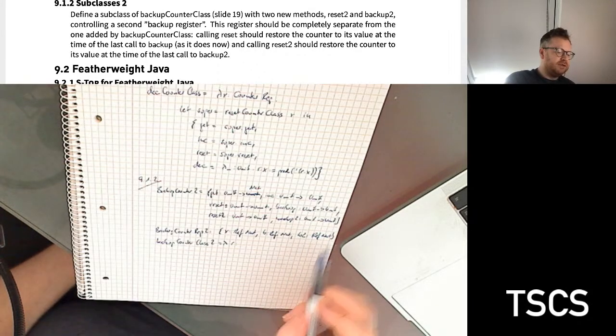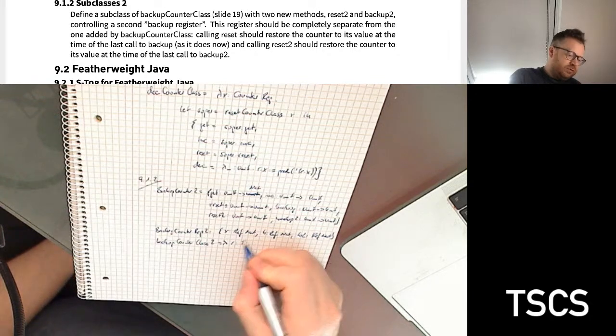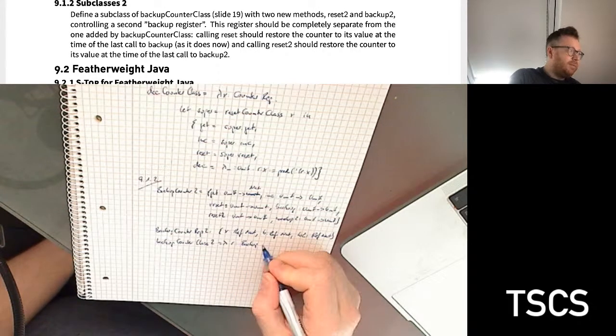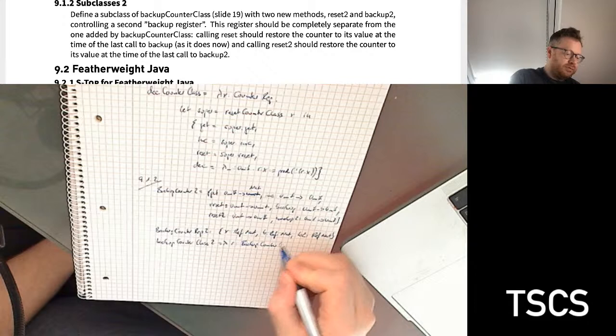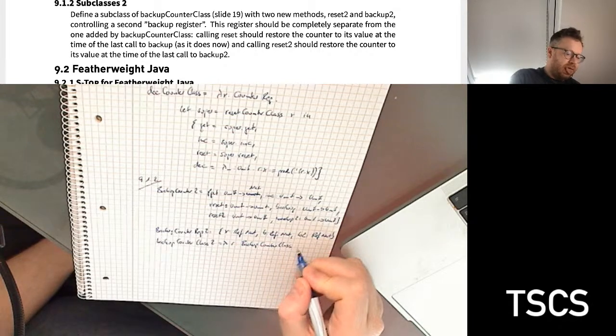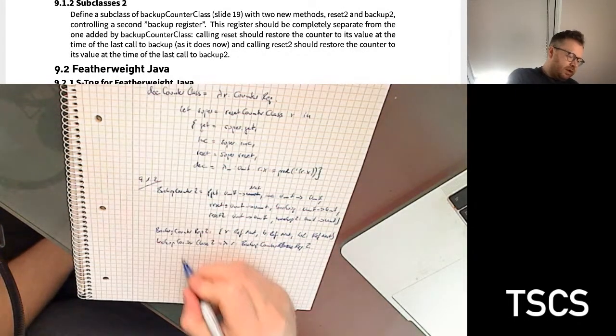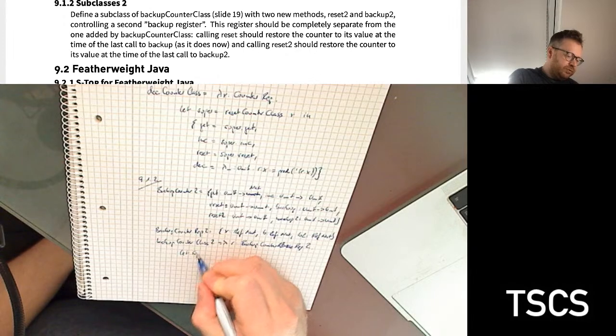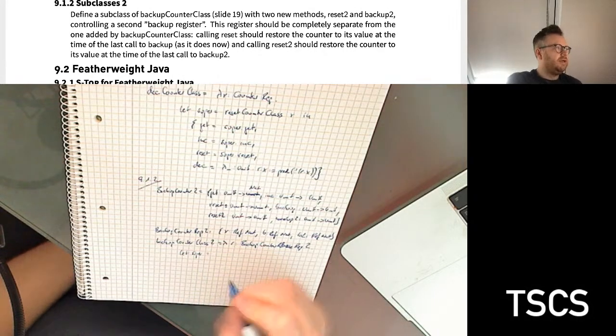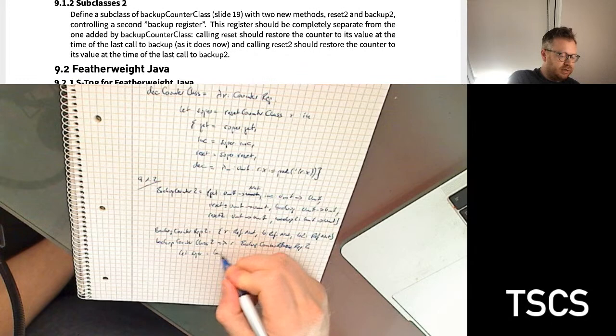Remember records and subtyping. So backup counter rep 2. And then we have again the super reference, which is of course the backup counter class.